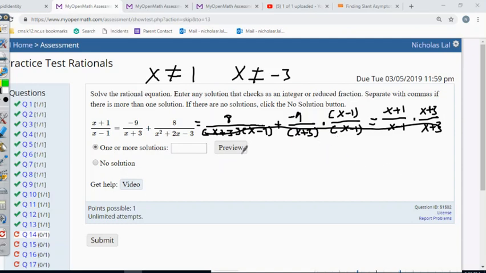So you have 8 minus 9x plus 9 is equal to x plus 1 times x plus 3, which is equal to x squared plus x plus 3x plus 3.